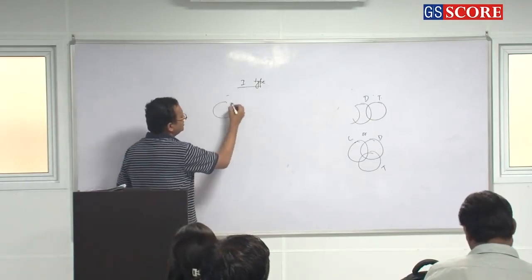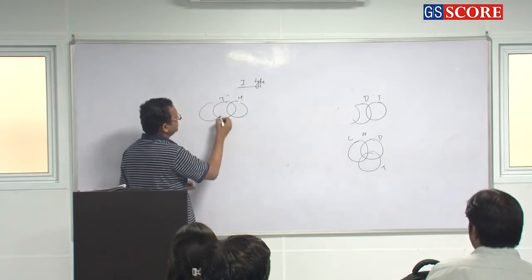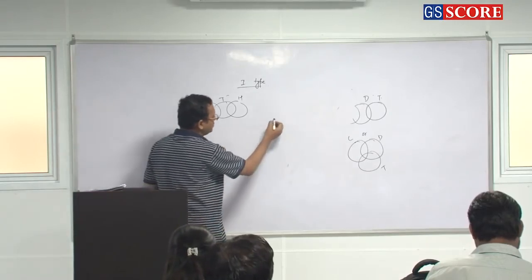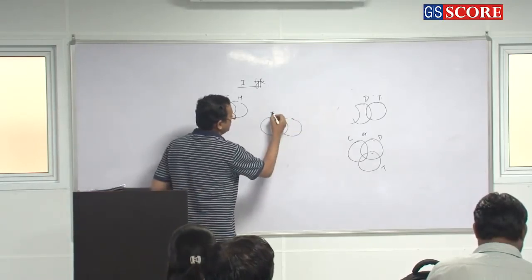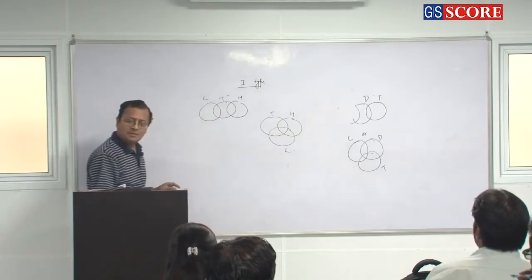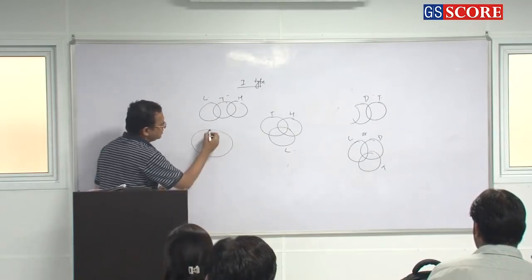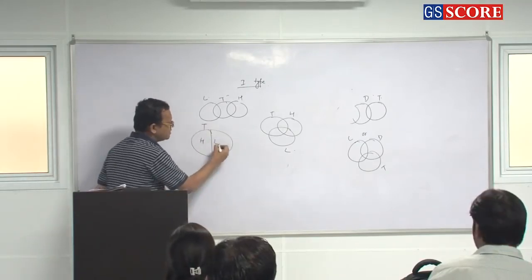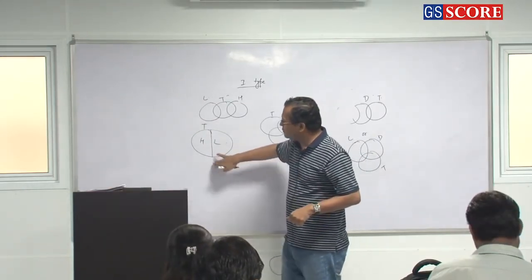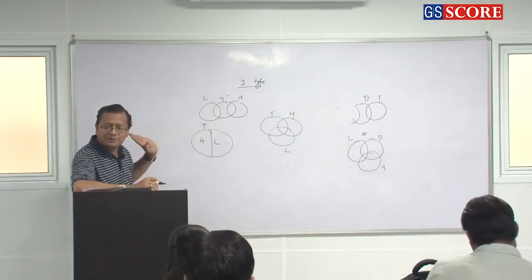Some taxis have horns, some taxis have lights. This is the first possibility. Second possibility. What is the third possibility? These are the 3 Venn diagrams.